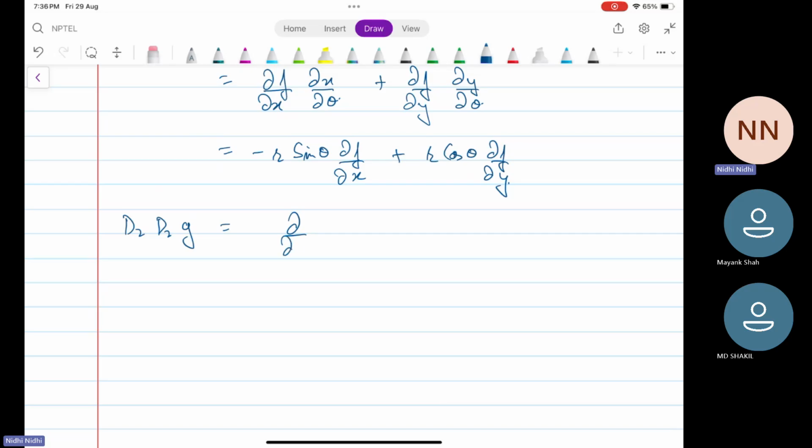That means del by del theta of minus r sine theta del f by del x plus r cos theta del f by del y. Now, this is also dependent on theta. This is also eventually depending on theta. So, this time we'll have to use the product rule. So, we need to be a bit careful about all the calculations.